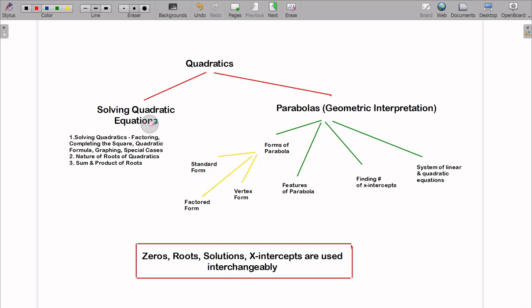We will first start with solving quadratic equations. In solving quadratic equations, we have to do three subtopics. First one is that there are 5 methods to solve a quadratic equation: factoring, completing the square, quadratic formula, graphing, and special cases.